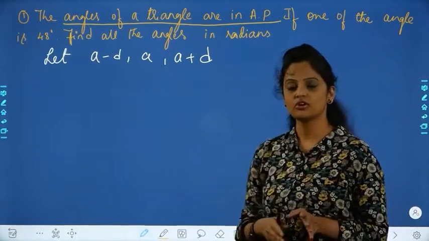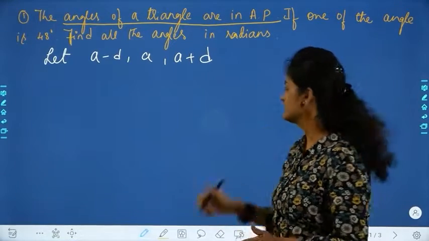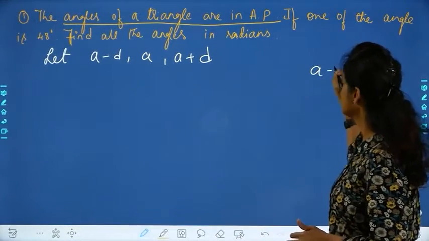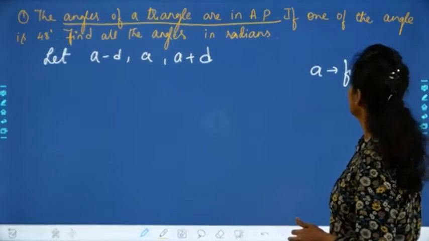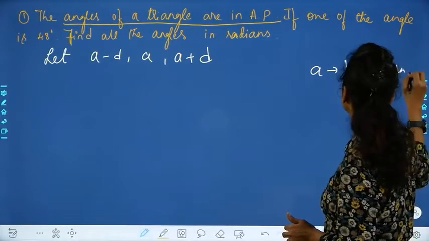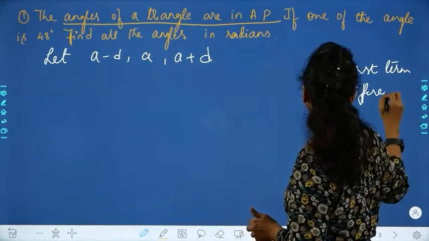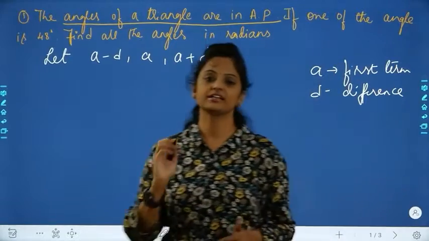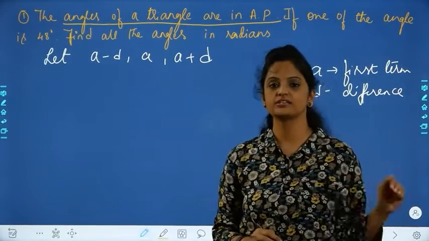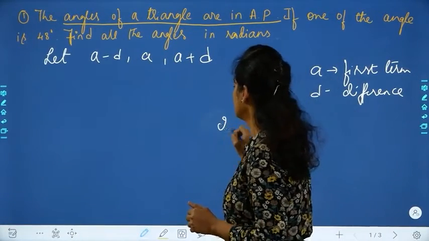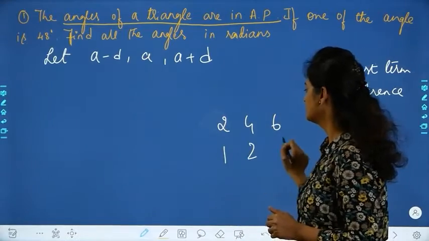Those who don't know the concept, in sequence and series, A is considered as the first term and D is taken as the difference. And in a sequence, it has to be just like 2, 4, 6, or 1, 2, 3.